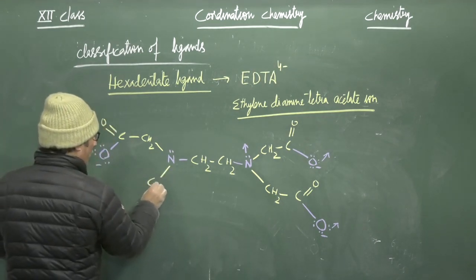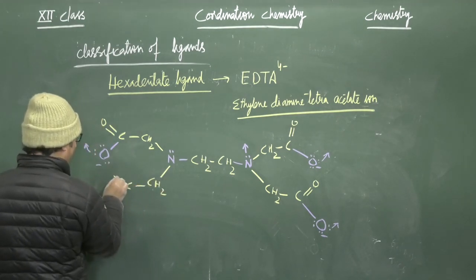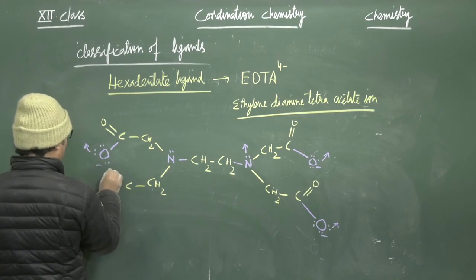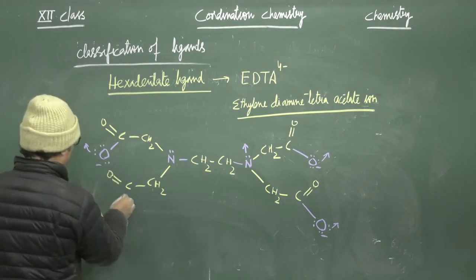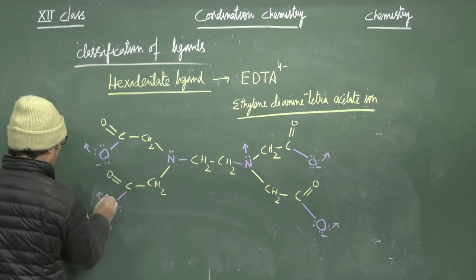I have CH2, C, double bond O, then this is its oxygen atom, negatively charged, which has three pairs, one of which it can donate.